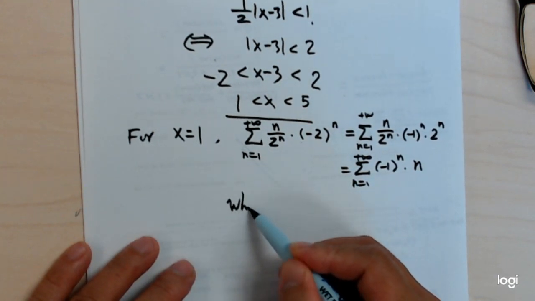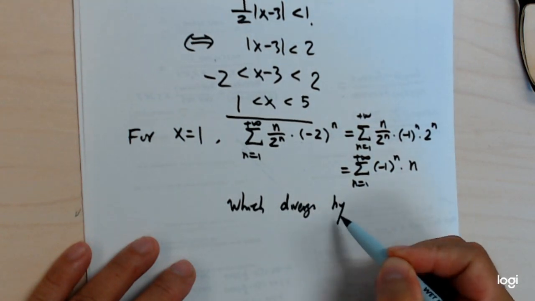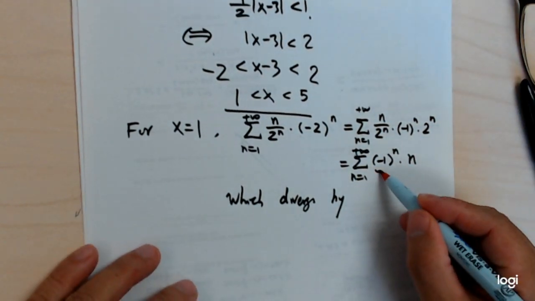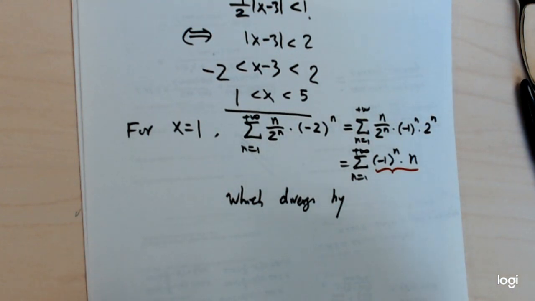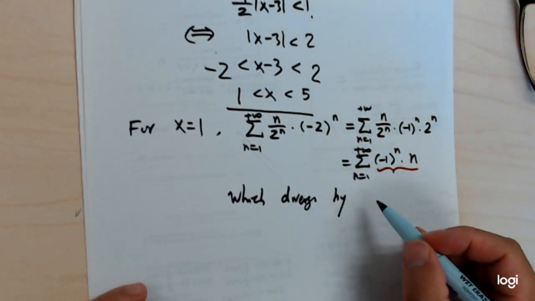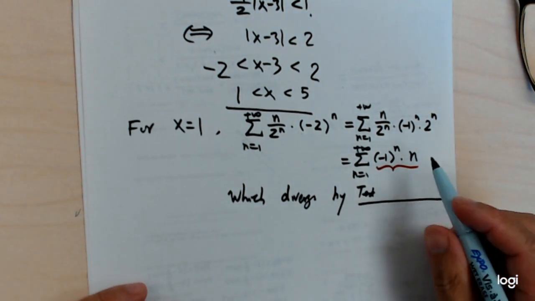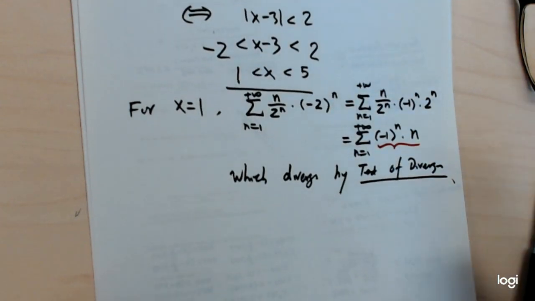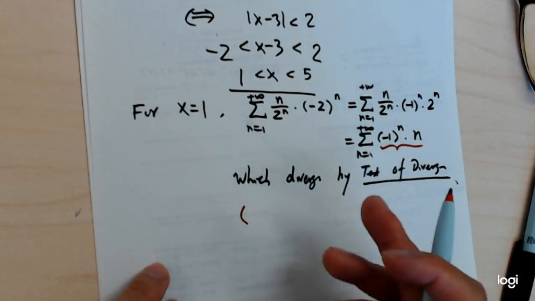Indeed, this series diverges, by the fact that this whole thing does not go to 0, and that's the test of divergence. Let me remind you the test of divergence, the first step we talked about at the very beginning of this chapter.